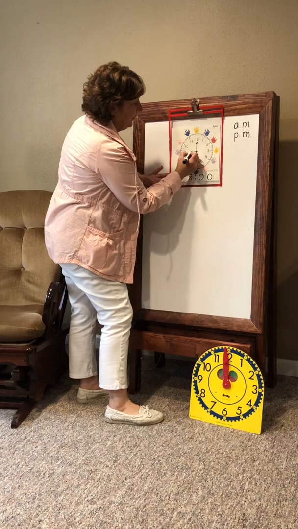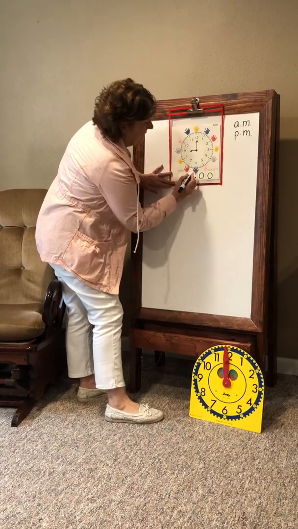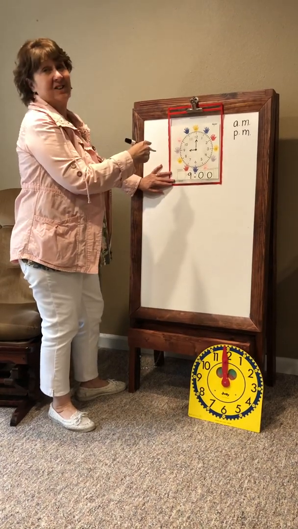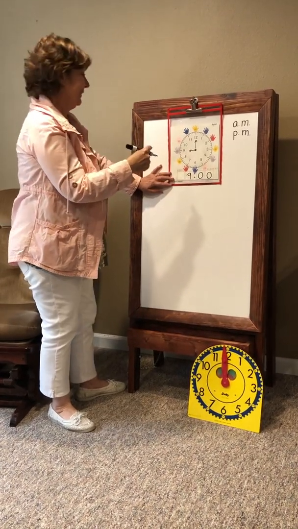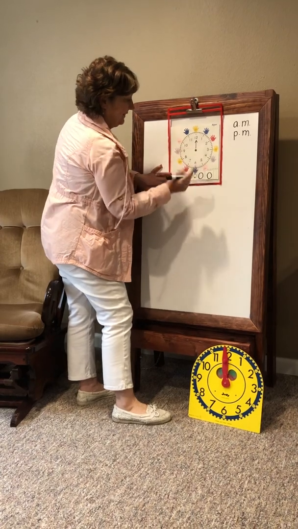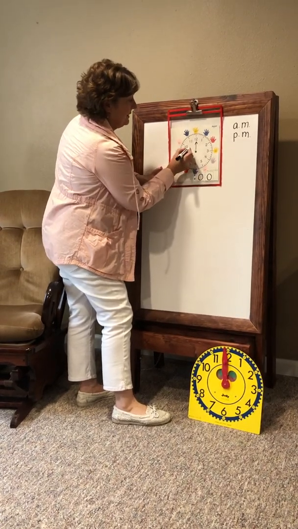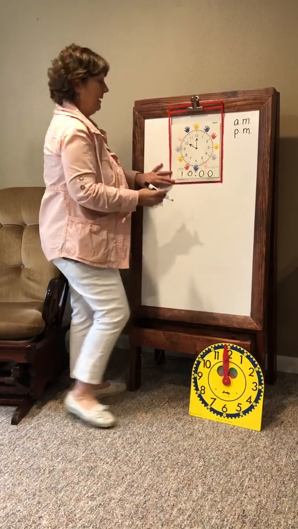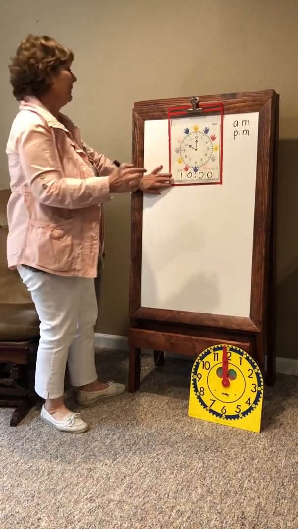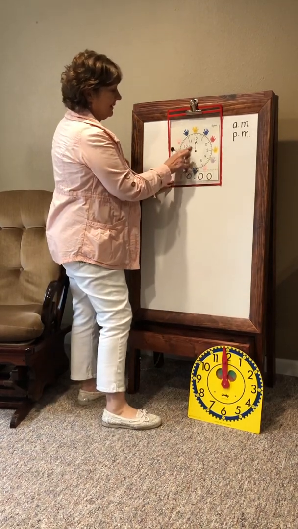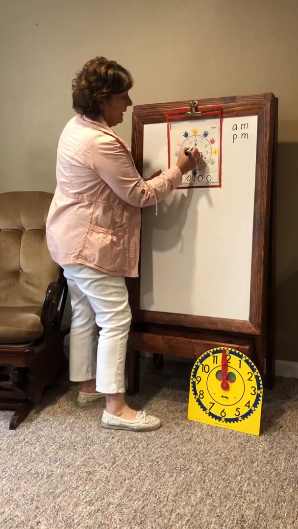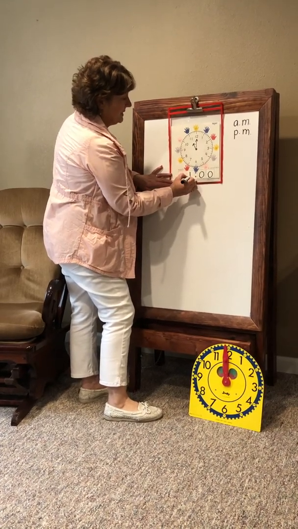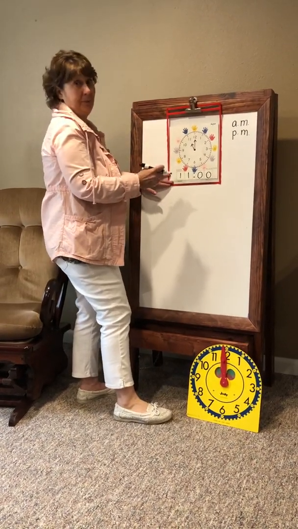9 o'clock p.m. This is when I start getting tired and I'm ready to go to bed. 10 o'clock p.m. That's pretty late. Sometimes I stay up that late, but not always. 11 p.m. Ooh, we're getting pretty tired by now if you haven't been in bed yet.